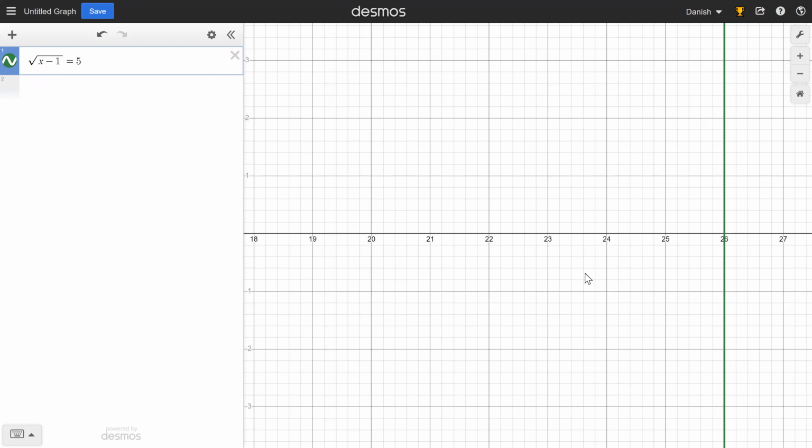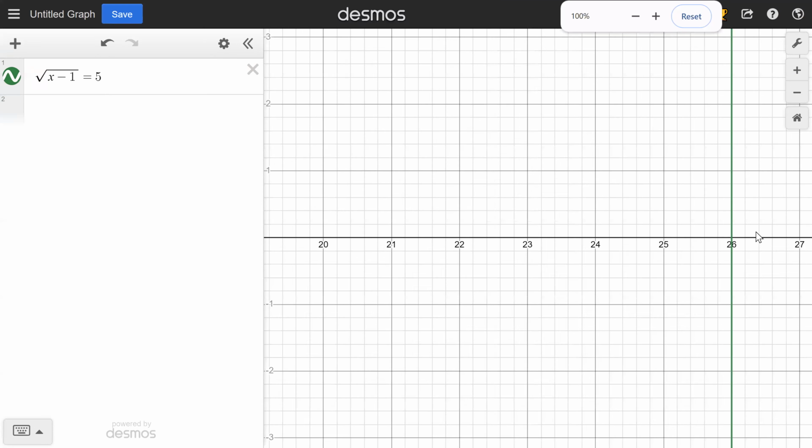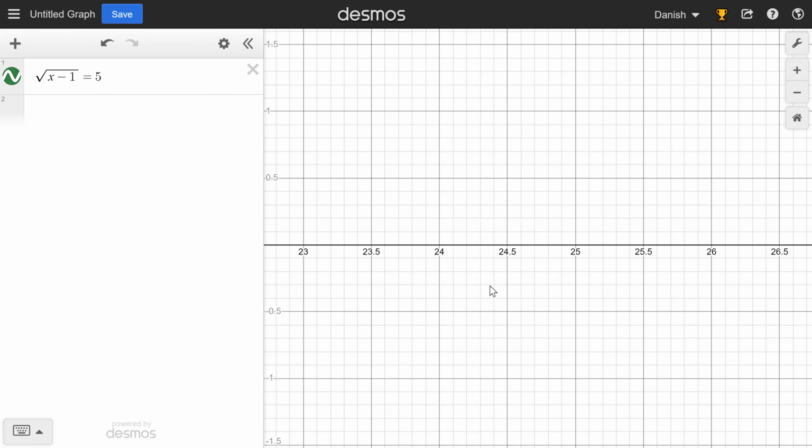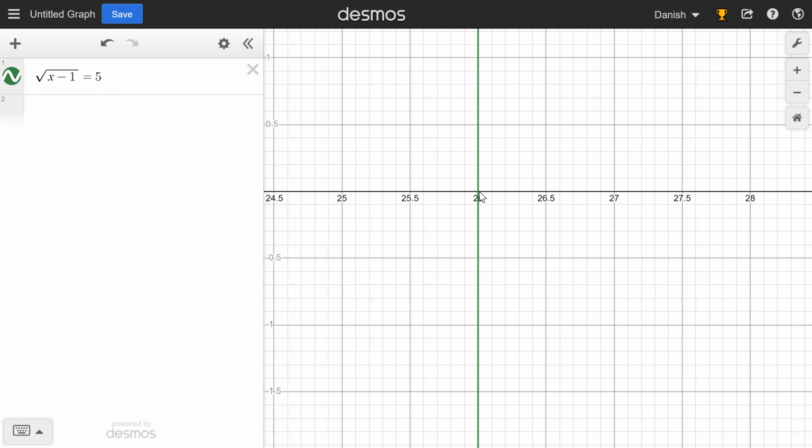You see something now? What is it telling you? A straight line that's clearly visible. Where is it intersecting the x-axis? This line is at 26. That's my solution, right? That line is my solution for the value of x. So x equals 26 will be my response.